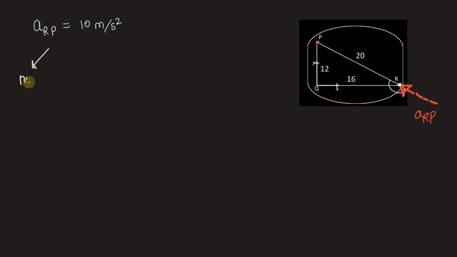Now this relative acceleration has two components. One is the normal or the radial component and another one is the tangential component.